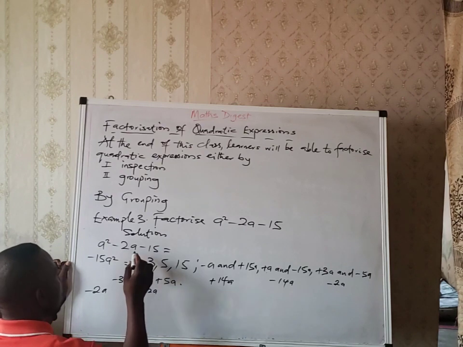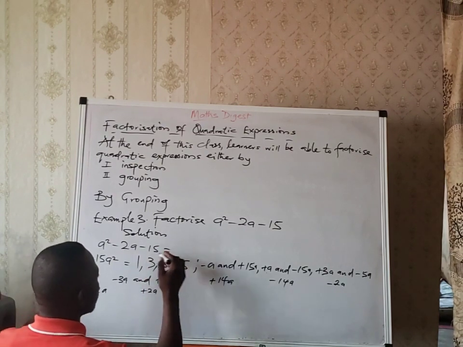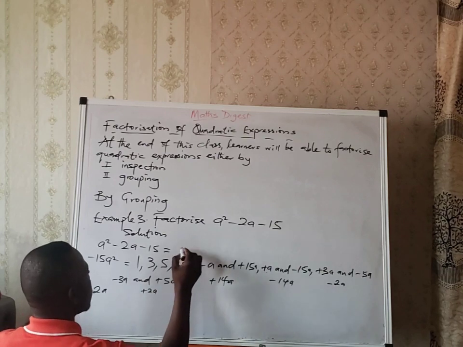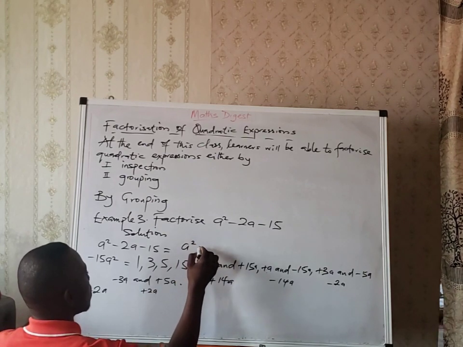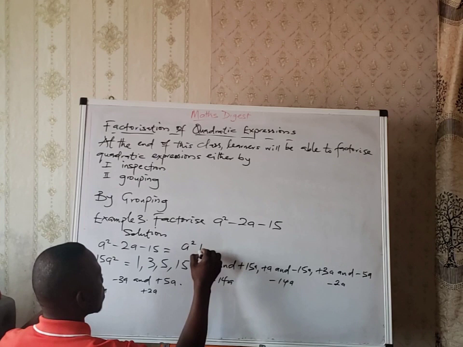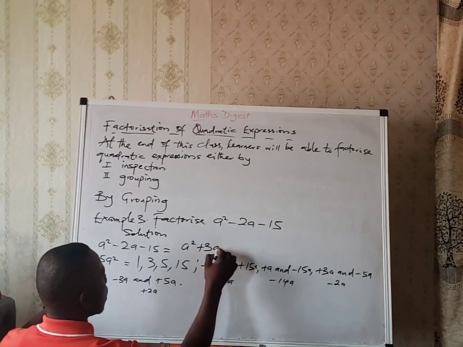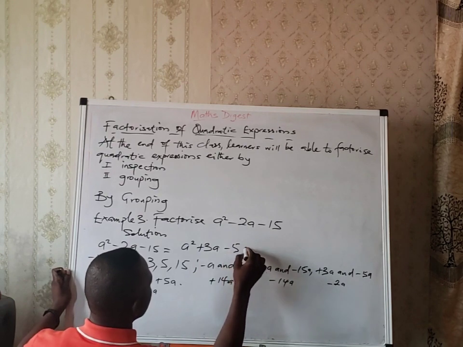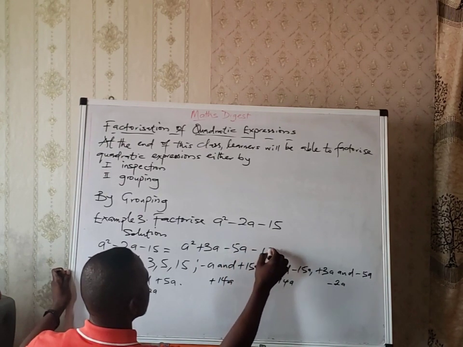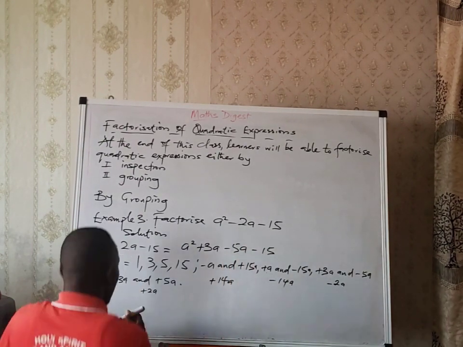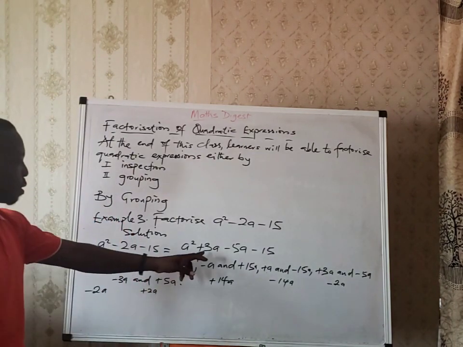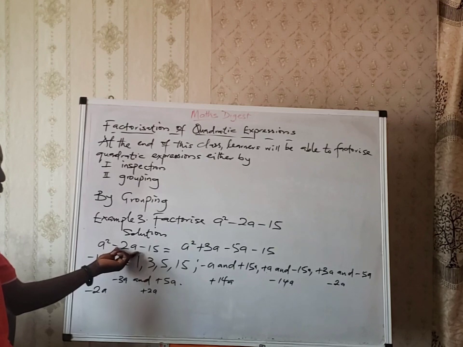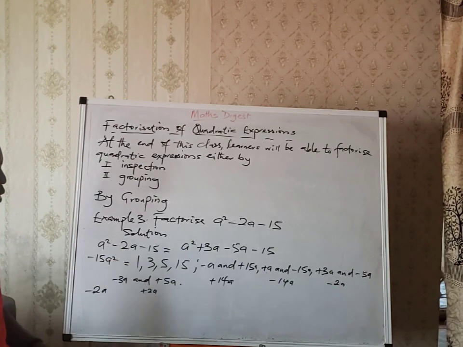Since we are looking to expand it to 4 terms, we now have a squared plus 3a minus 5a minus 15. So we have used the separate 2 terms to replace the middle term, minus 2a.